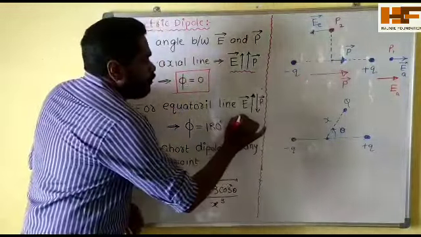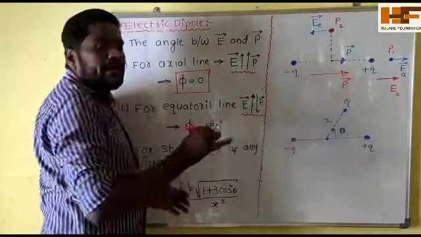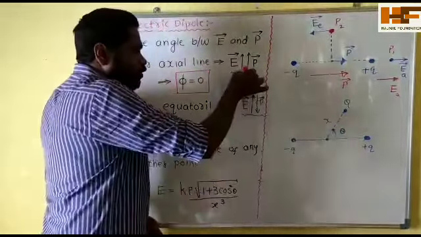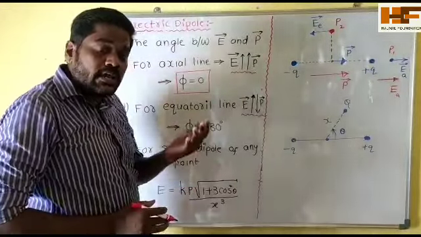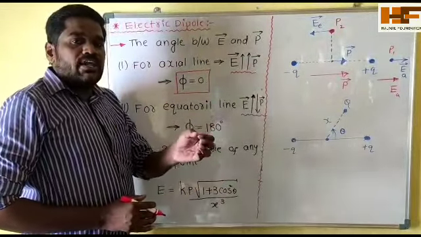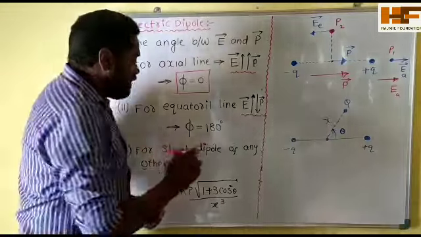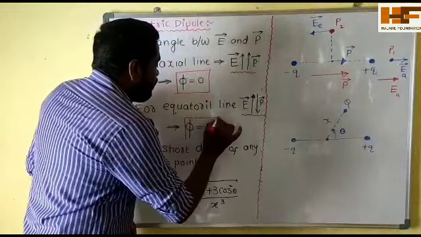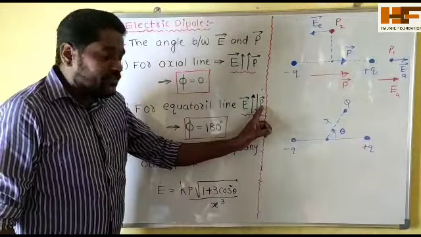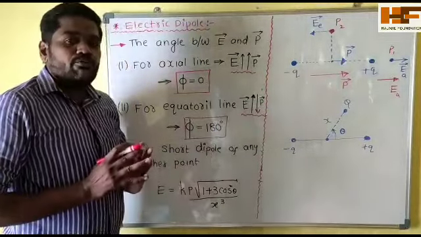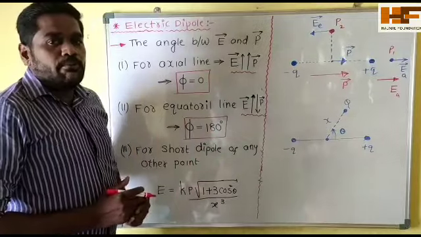So we can call both anti-parallel to each other. This arrow up, this arrow down, both are anti-parallel or opposite. What is the meaning of anti-parallel? The angle between the electric field vector and dipole moment vector is pi, that is 180 degrees. That is also a very important point.